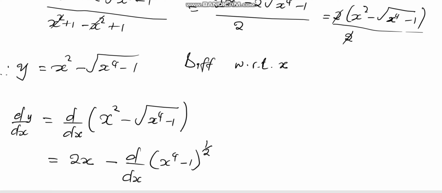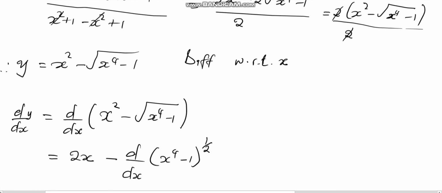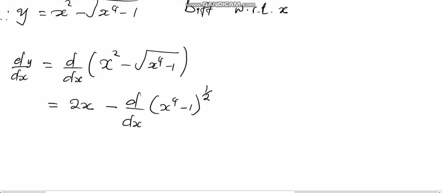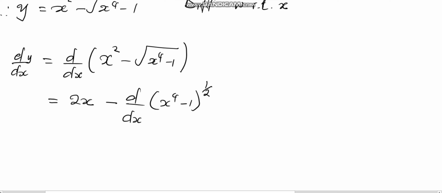So now, the method of differentiation that can be used here is a chain rule. So we have a function inside another function, so we differentiate the function that is outside first, then we also differentiate the function inside. So now, if we differentiate this whole function the way it is, we're simply going to have 2x minus 1 over 2 here, like this.